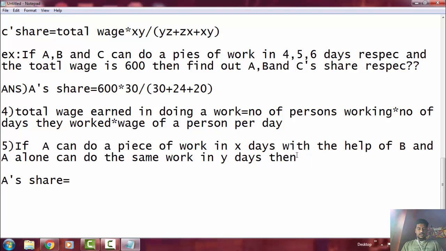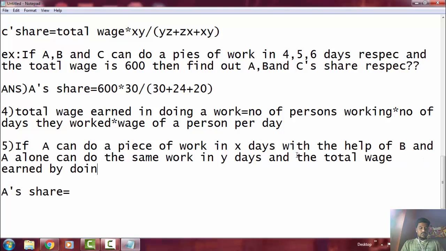Now I forgot one thing here: in x days, and the total wage earned by doing the job is A rupees, then A's share is equal to Ay by x.